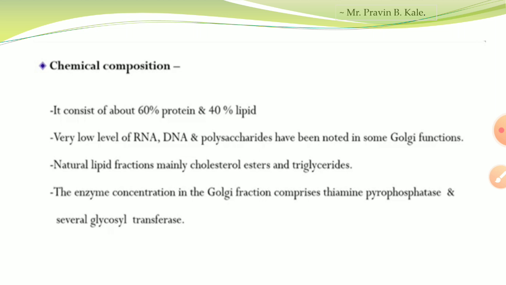Some proteins are common to those found in the endoplasmic reticulum, but with fewer protein bands. And a very low level of RNA, DNA and polysaccharides has been noted in some Golgi fractions.